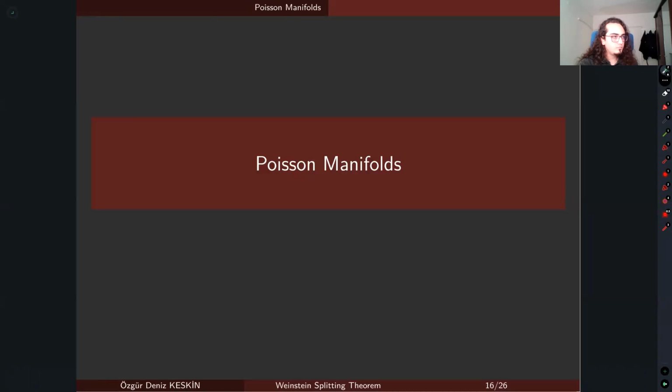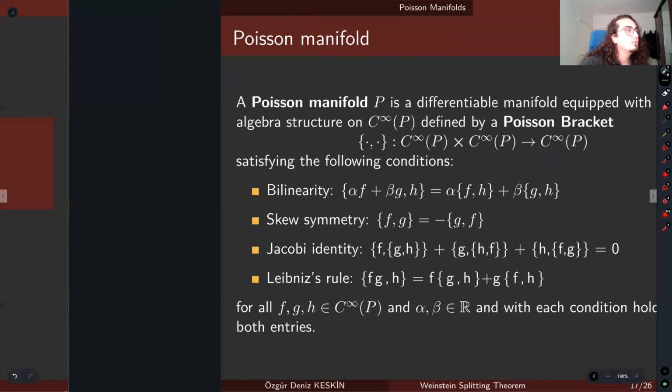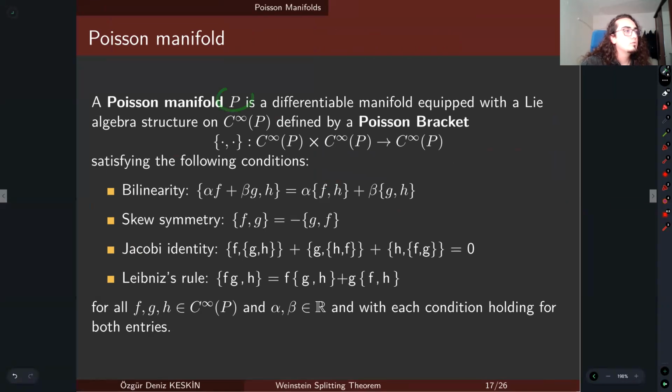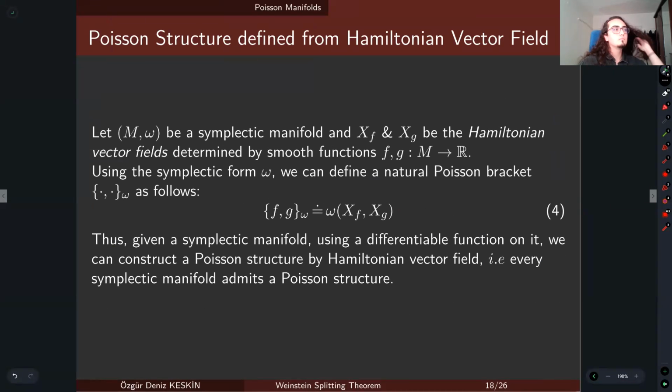And now we can go further to Poisson manifolds. A Poisson manifold is a differentiable manifold with a Lie algebra structure on the C-infinity functions on it. And this bracket has to satisfy bilinearity, skew symmetry, the Jacobi identity, and the Leibniz rule, as in the algebra case. We can actually define a Poisson structure using Hamiltonian vector fields as follows.